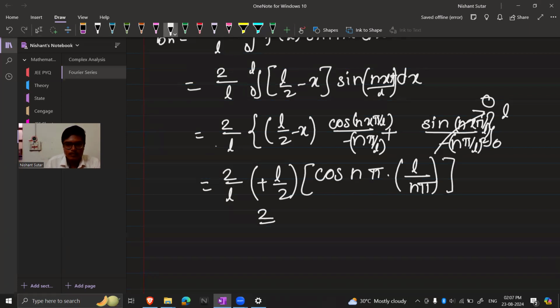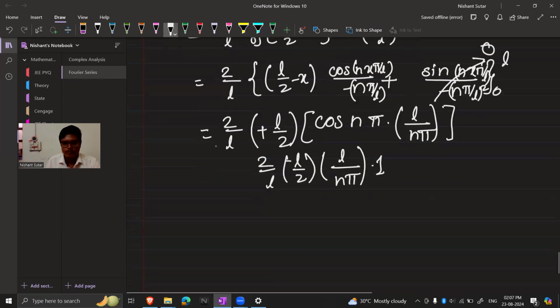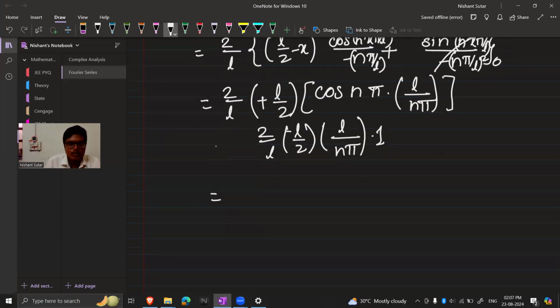For the next term, if I put the value 0, it will be L by 2, and cos 0 is 1. So this will cancel because of the reciprocal, and we are left with L upon n pi into 1 plus.